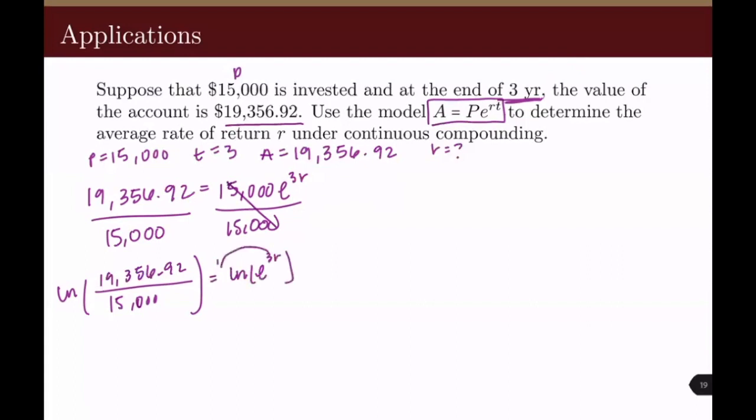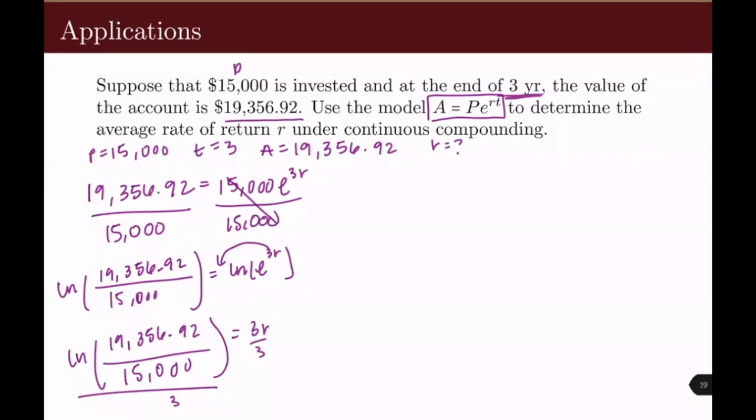Remember, we can pull this out front and ln e is equal to 1. So I am just going to have ln of 19,356.92 divided by 15,000 is equal to 3r. Last, I'm going to divide each side by 3. So r equals ln of 19,356.92 divided by 15,000, all divided by 3.